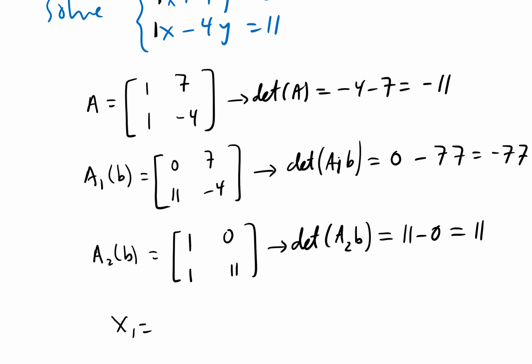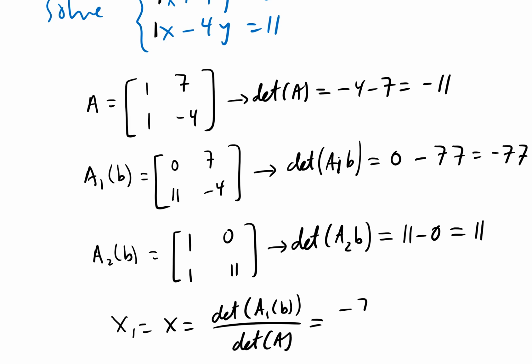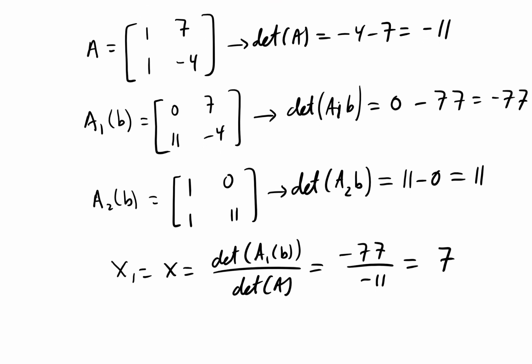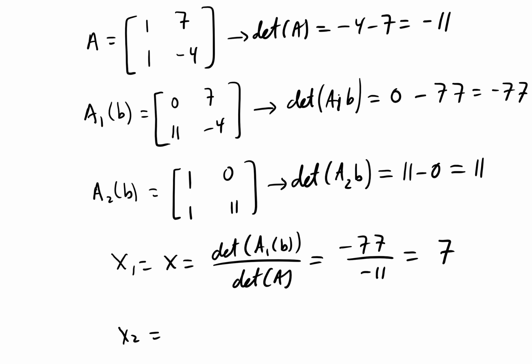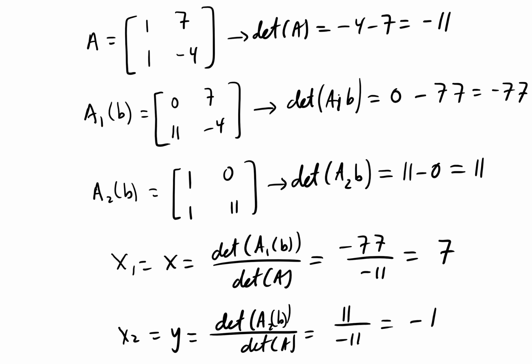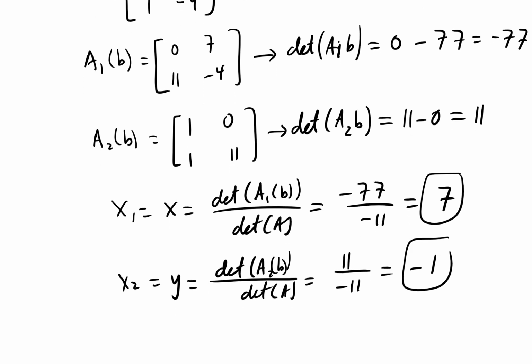So x1, which is x, is the determinant of A1 of B over the determinant of A, which is negative 77 over negative 11, which is 7. And x2, which is y, is the determinant of A2 of B over the determinant of A. A2 of B is 11, and this is negative 11, so that's negative 1. These are the answers for x and y.